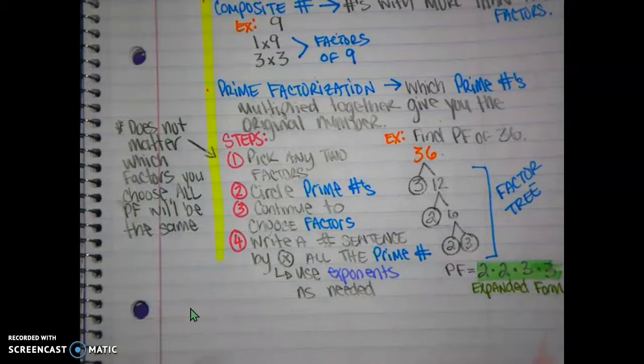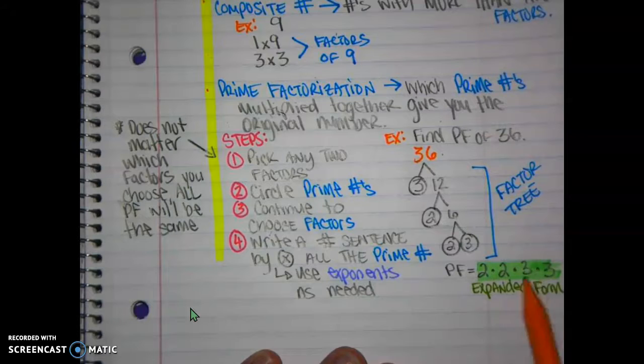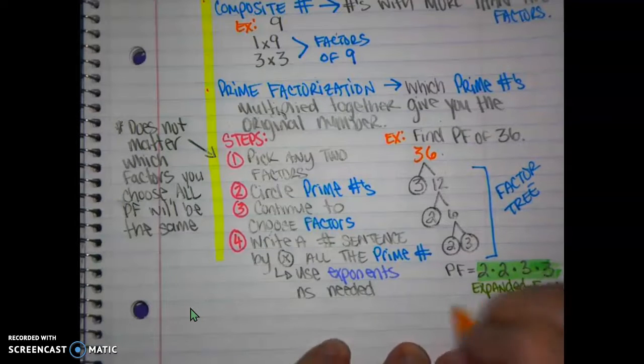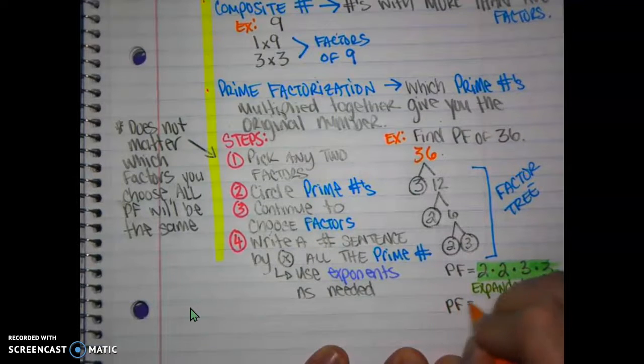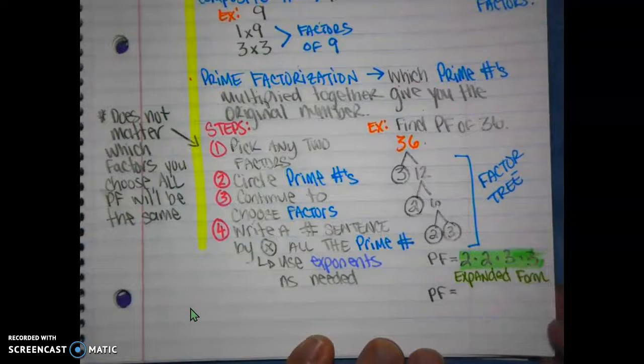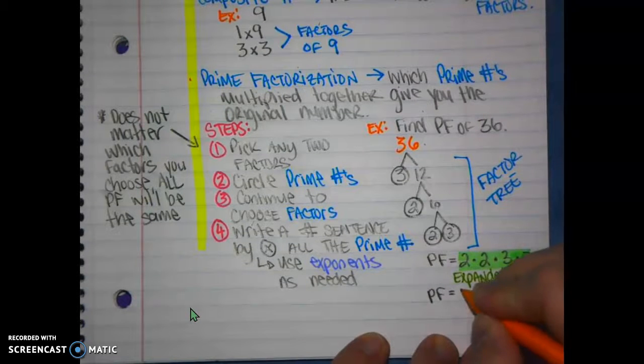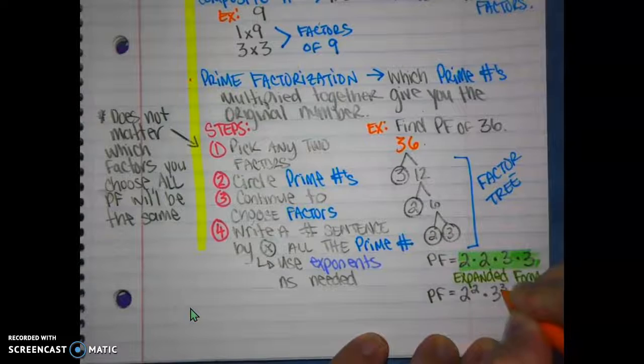We can use exponents because 2 and 2 are being multiplied together, so it's the same number, and 3 and 3 are being multiplied together. If you're running out of space, move to the back. Your prime factorization is going to be 2 to the second power times 3 to the second power.